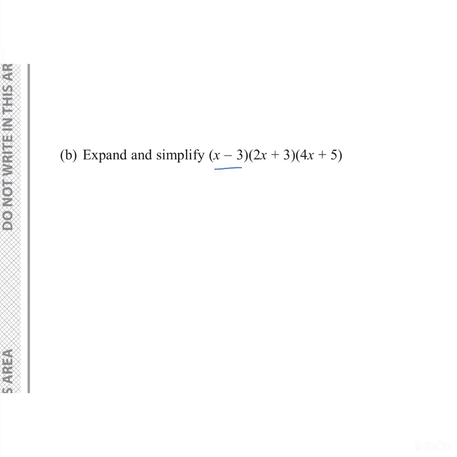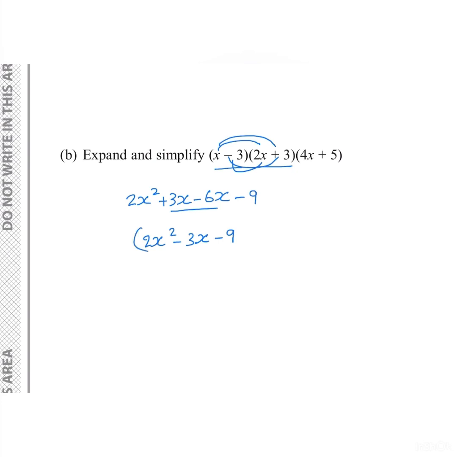So I'm just going to focus on these two here first, and x times by 2x is 2x squared, and x times by plus 3 is plus 3x, and minus 3 times by 2x is minus 6x, and then minus 9. And then simplifying this, we have 2x squared minus 3x minus 9.